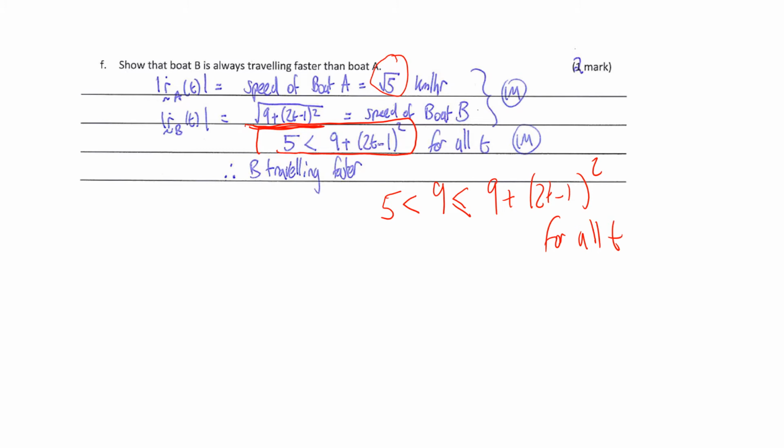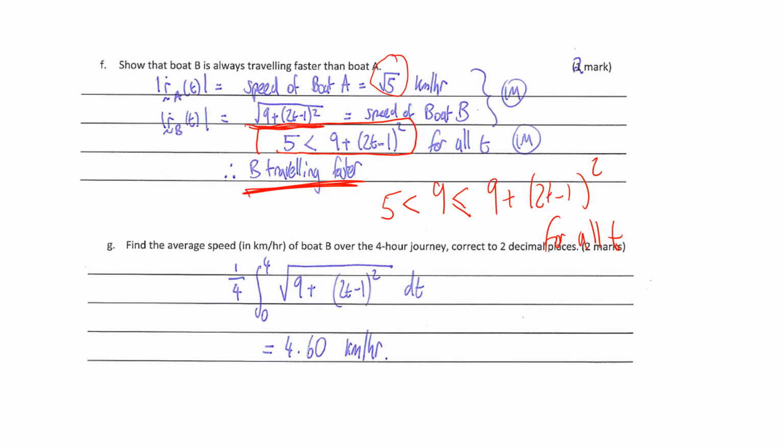The only time the expression 9 plus (2t minus 1) squared is equal to 9 is, of course, when t equals 1/2, but for all other values of t, it's going to be greater than 9, which is clearly greater than 5, and that's enough to establish that B is indeed traveling faster.